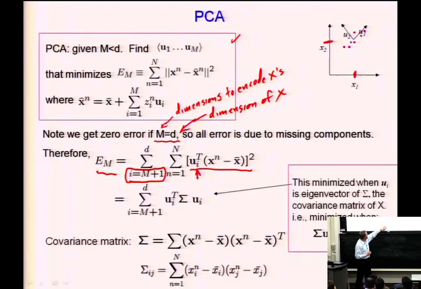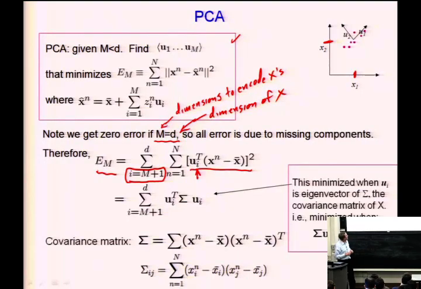And the covariance is just the product of how far x1 varies from its mean times how far x2 varies from its mean for every one of those points, summed over every one of those points. So if they co-vary in the same direction, then I'll get a big positive product here. If they vary kind of randomly, independently of each other, then I'll get a covariance with terms close to 0. So it captures how interdependent these things are.